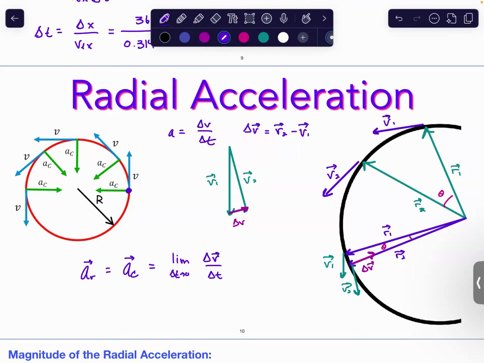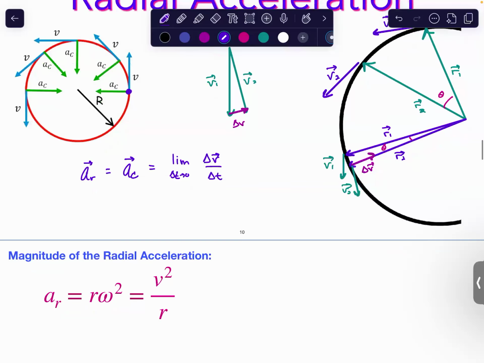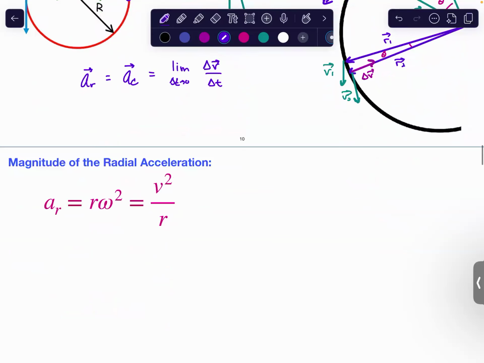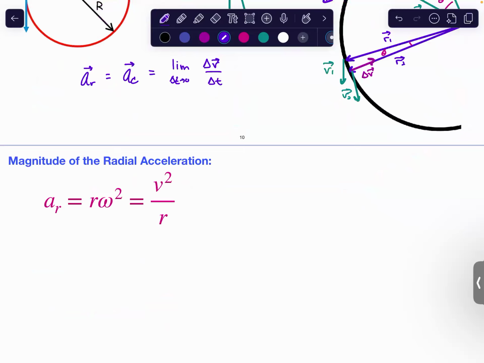So your acceleration is really your rate of change of your delta V. Here we get to a theorem that we can actually use. The magnitude of the radial acceleration: you have two equations you can work with.